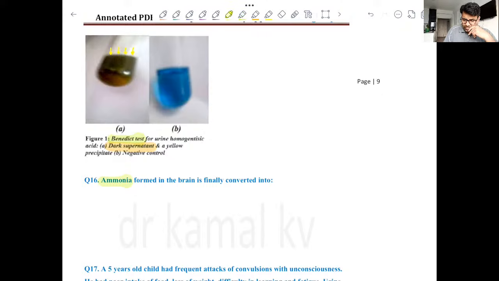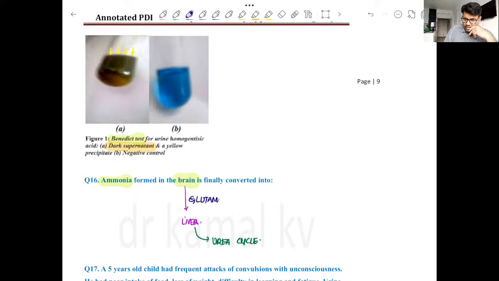So ammonia in brain is finally converted into glutamine. It is taken to the liver where it undergoes the urea cycle. And this is transported by the way of glutamine.